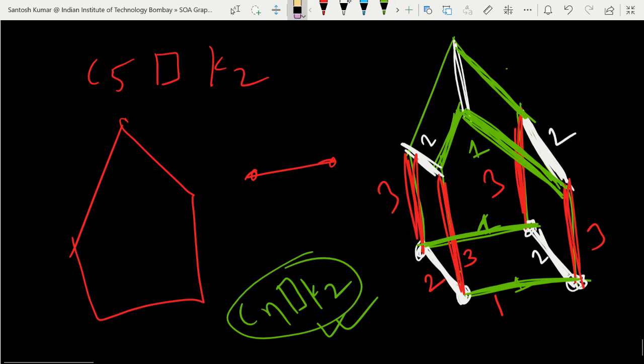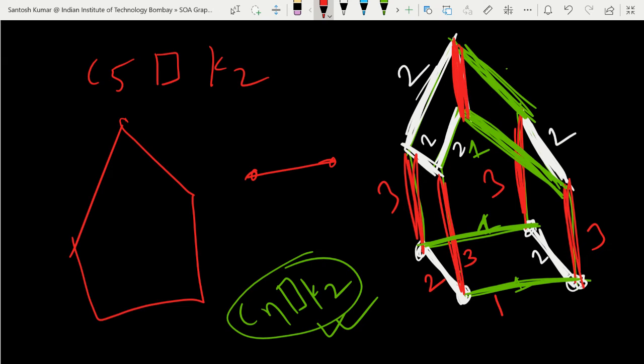So let me make 2 here. Okay, this is 2. Let me make it 2 also. And take this. Yeah, done.